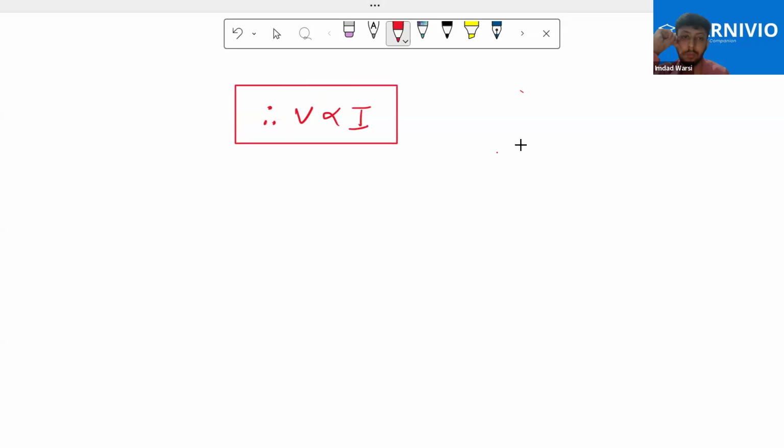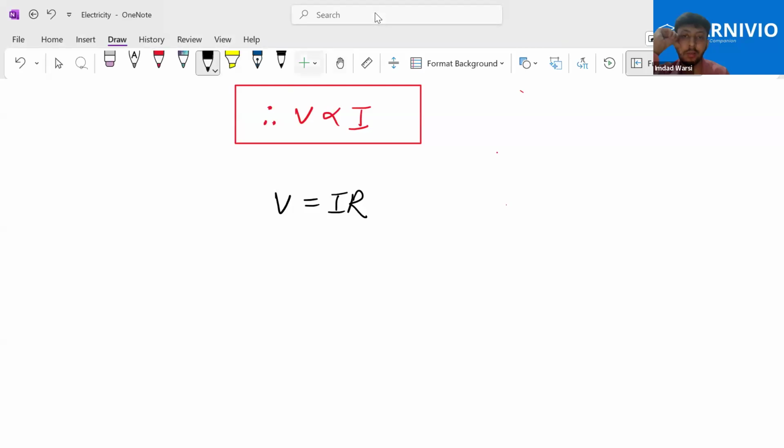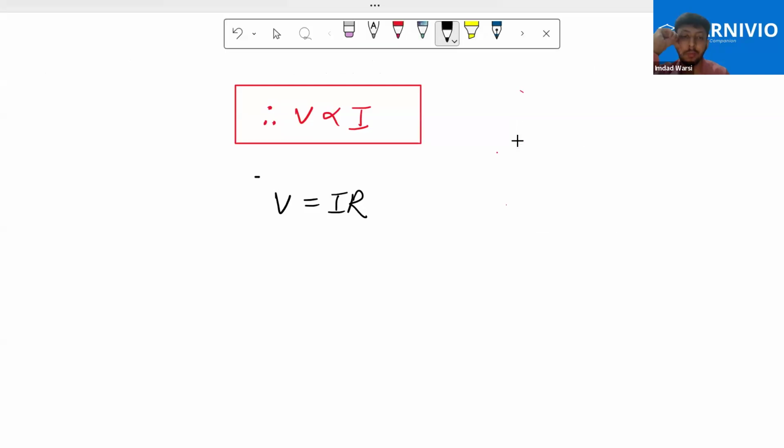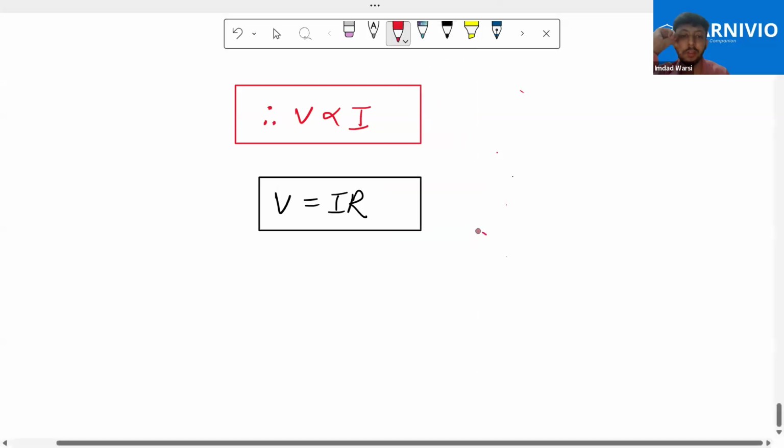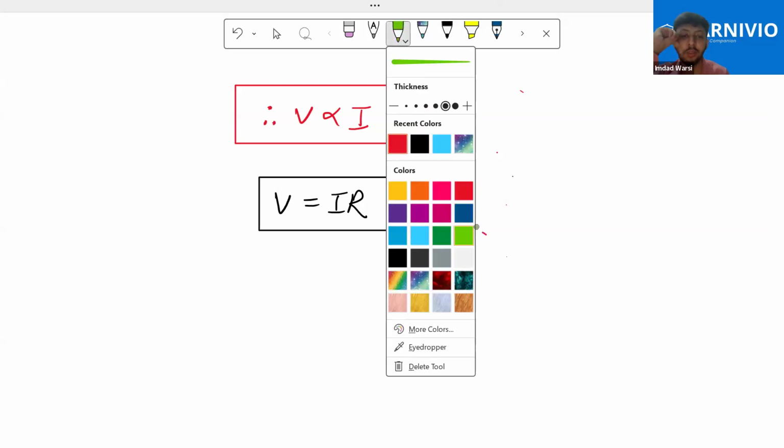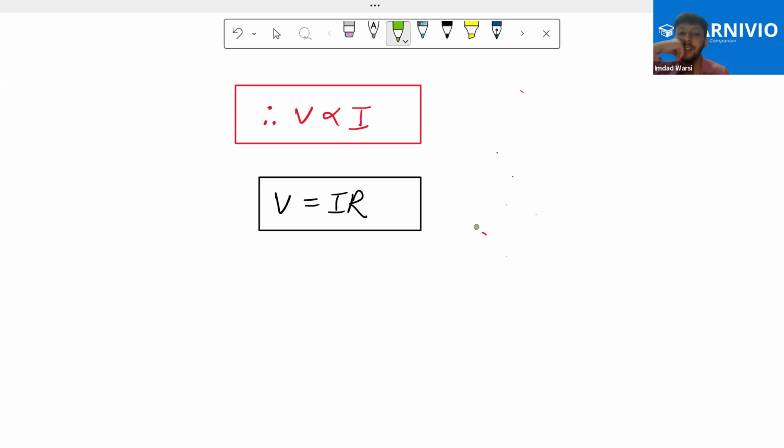Now write this. V is directly proportional to I, which means V is equal to IR. In this you write, what is V? V is the potential difference.